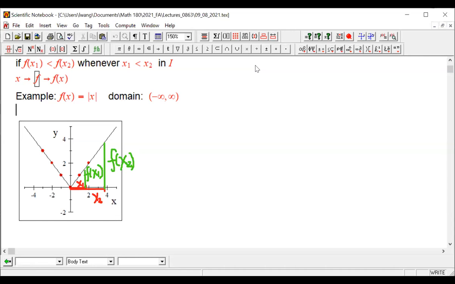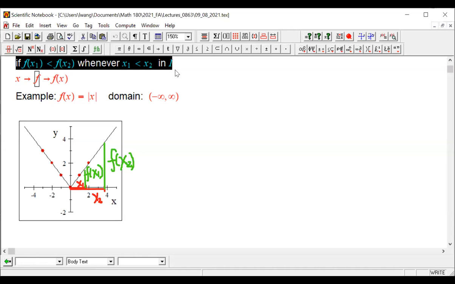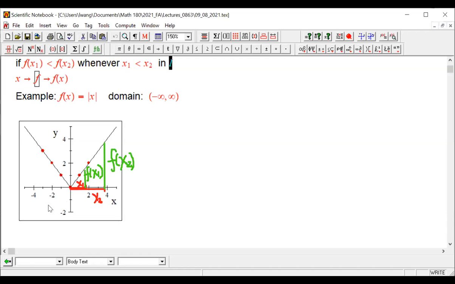But as we advance in mathematics, we need to concisely describe the situation precisely, right? And that language is increasing function. And the interval in consideration here is from 0 to positive infinity. So in words, this is how we describe it.